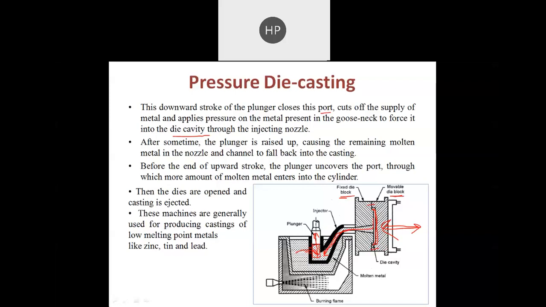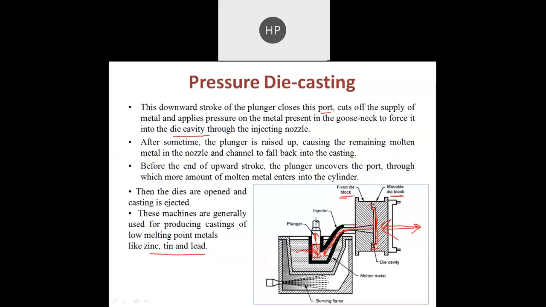This process is done continuously to get castings, and these machines are generally used for producing castings of low melting point metals like zinc, tin and lead. Why? Because the furnace is a part of the machine itself, and we cannot heat it to such a high temperature.